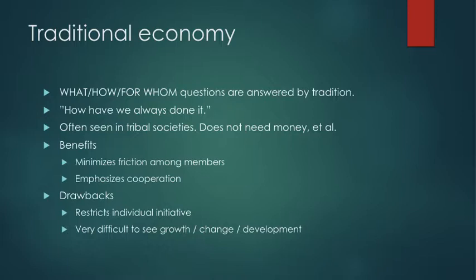And so in a traditional economy, things are done just because this is the way we have always done them. And so we tend to see these in very primitive societies, or societies that don't have money, or they don't have any real sense of property.